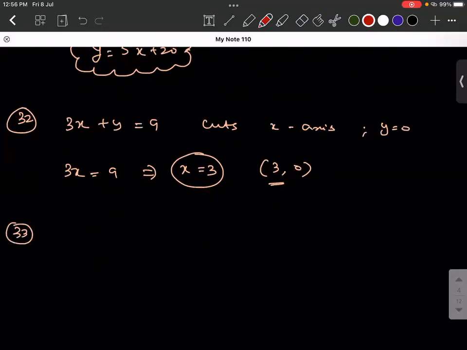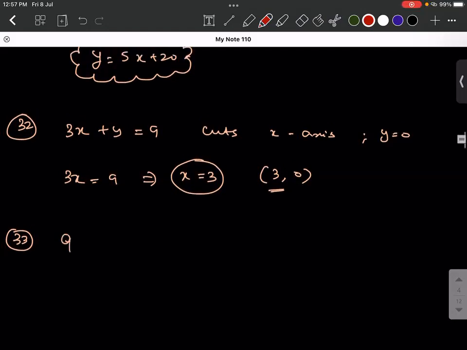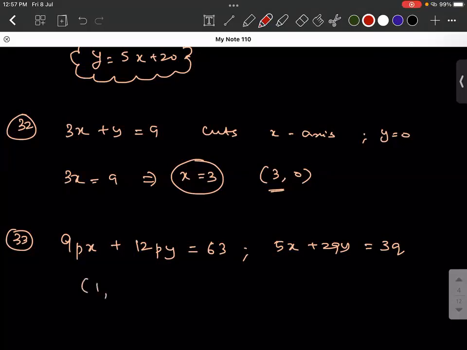33. Find the values of p and q for which x is equal to 1 and y is equal to 1 is a solution to the equation 9px plus 12py is equal to 63... So x is equal to 1 and y is equal to 1, so (1, 1) is the ordered pair, right?